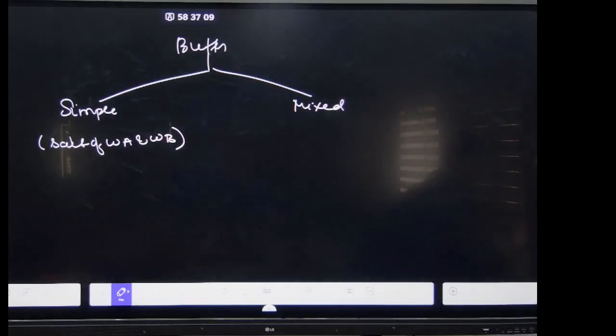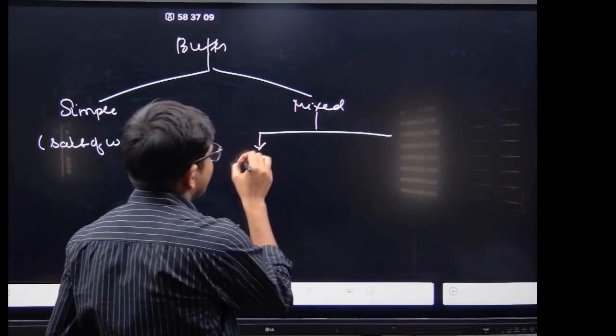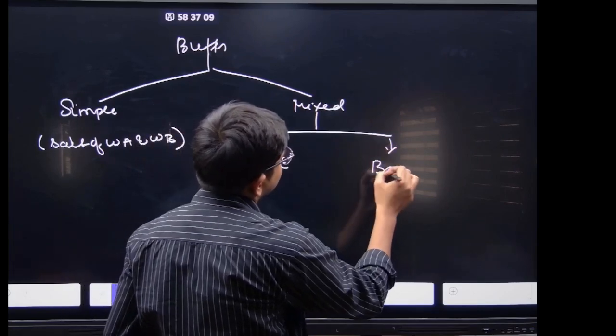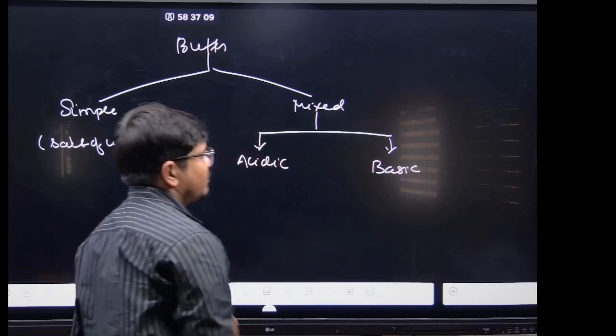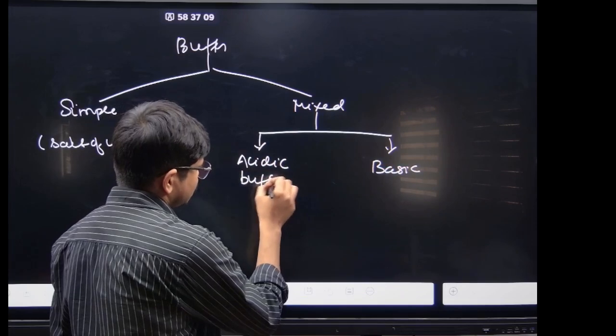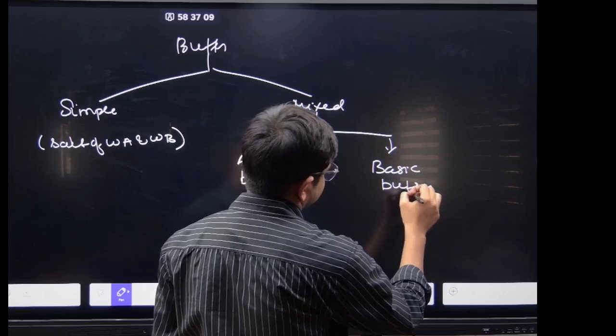It is basically a salt of a weak acid and a weak base. Whereas the mixed buffer is basically divided into two parts. One is your acidic buffer and one is your basic buffer.